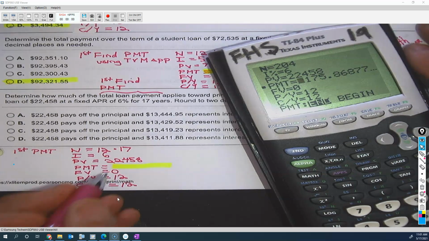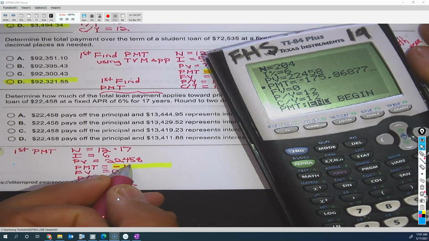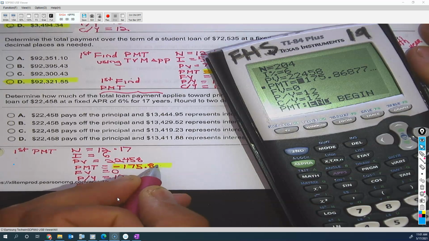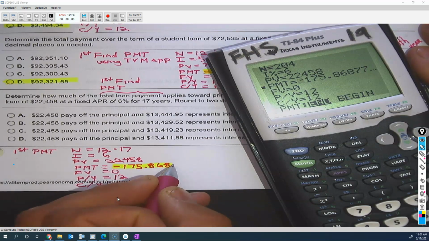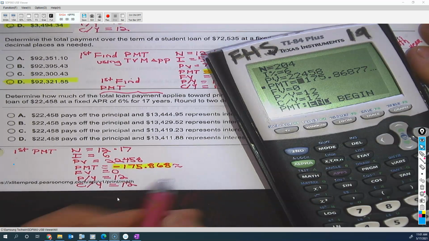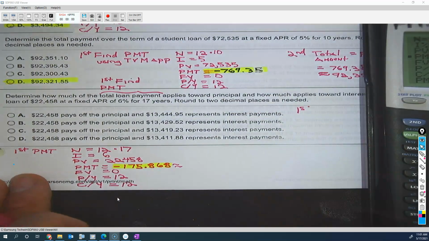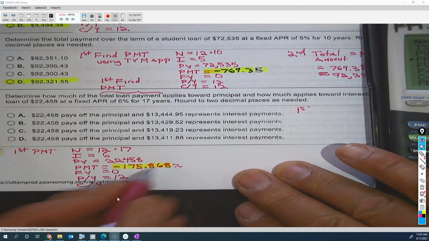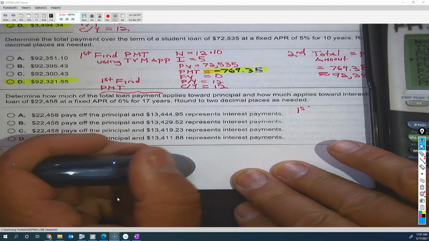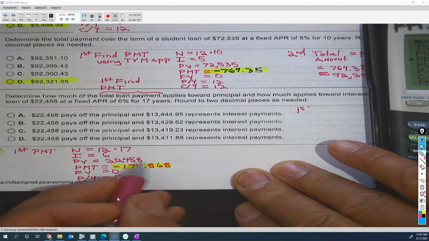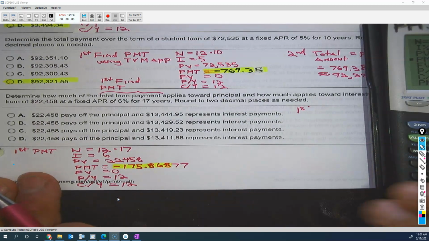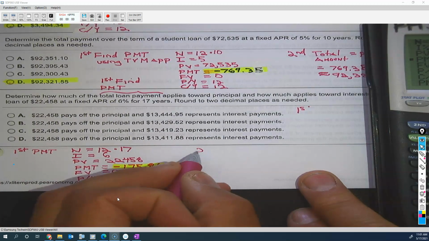Okay. The longer the decimal you use, the more accurate your answer will be. So I'm going to use a little bit longer decimal this time. Okay, second.